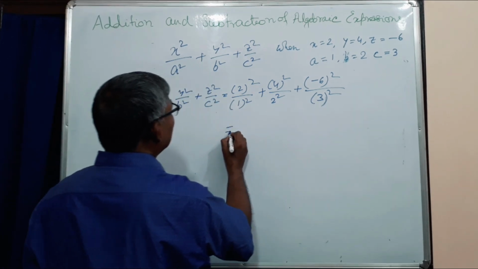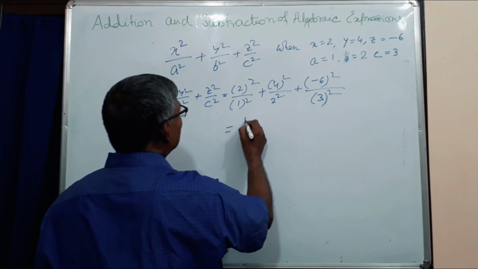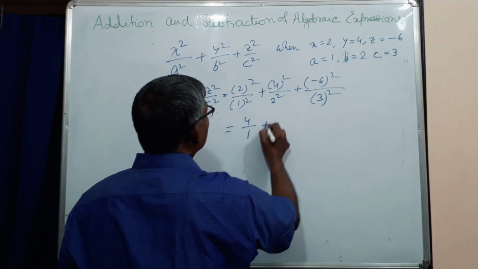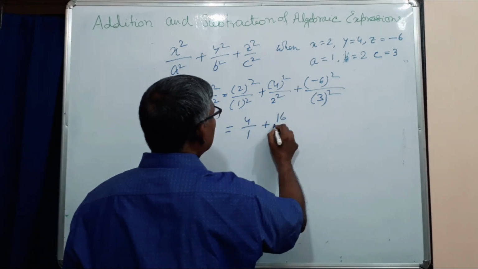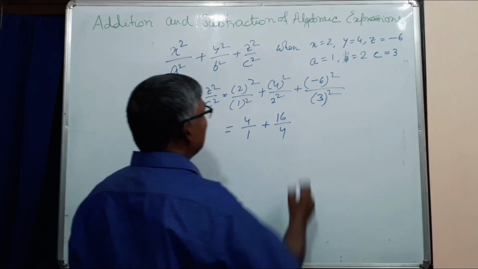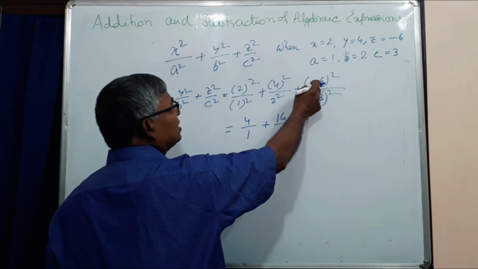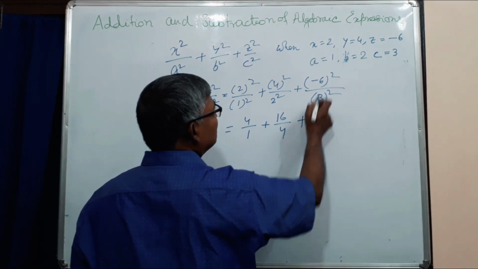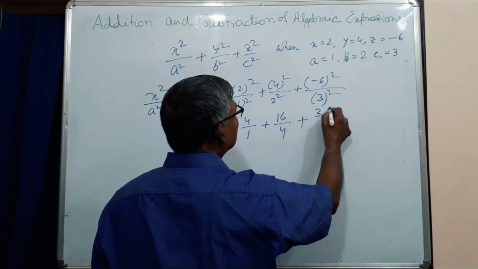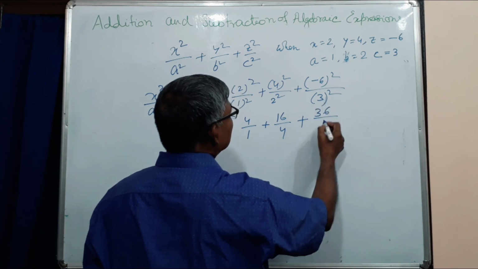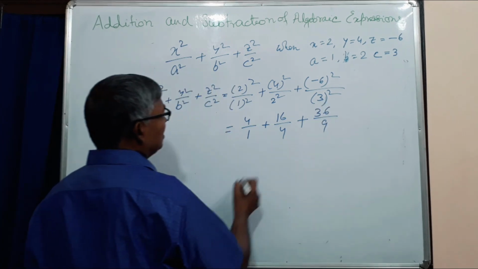So we can get 2 square means 4 by 1, plus 4 square means 16 by 4, and plus minus 6 whole square, minus 6 square means plus, and 6 square means 36 by 3 square means 9.